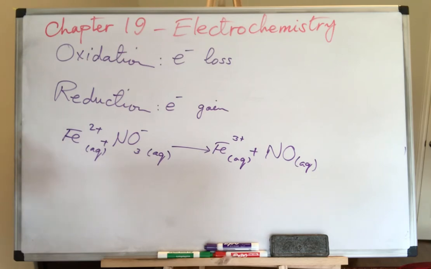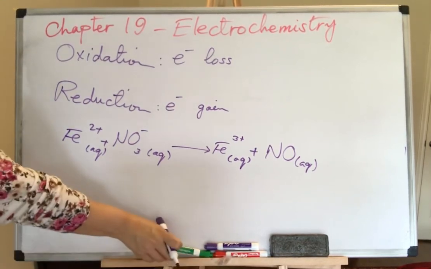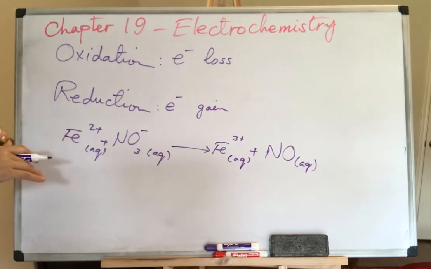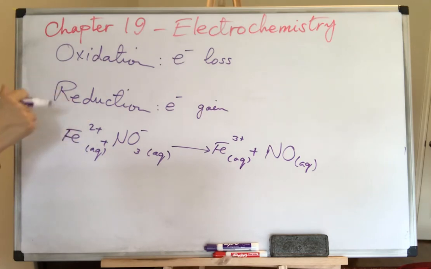Just Fe2+ and Fe3+. So let's determine the oxidation numbers. Oxidation number, if you forgot, I guess, if I'm not wrong, it was chapter 4. You will go back to chapter 4 and review oxidation numbers. I'm not going to go over each of them one by one now.